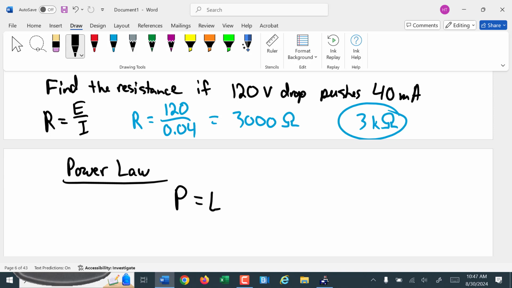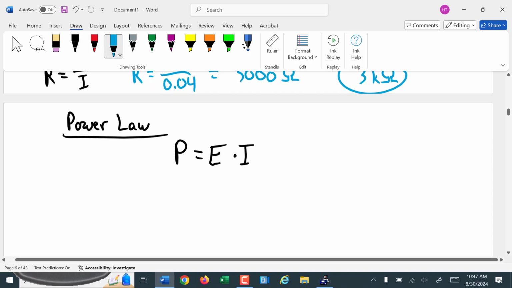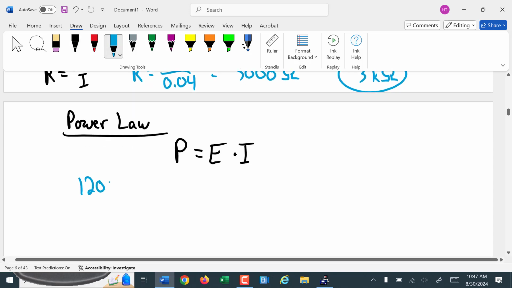So the next step up from Ohm's law is power law. The power law: the power dissipated or produced in a circuit is the voltage times the current.